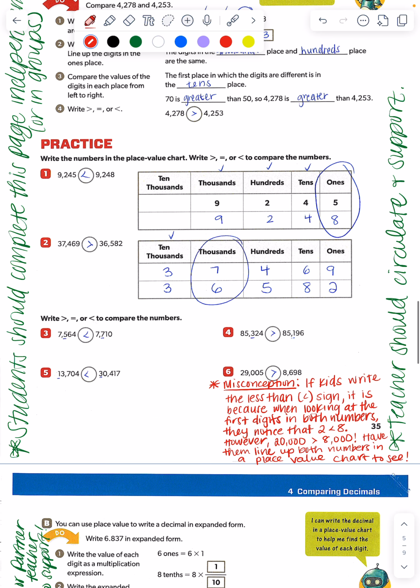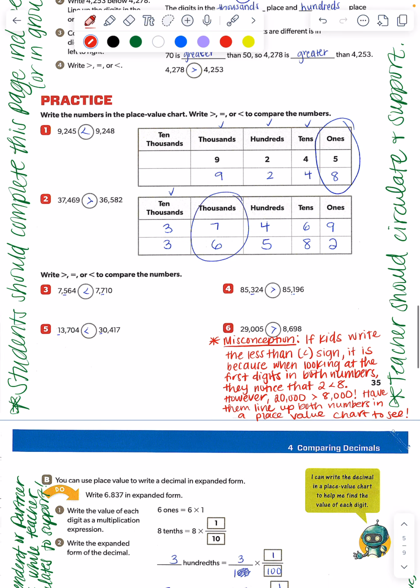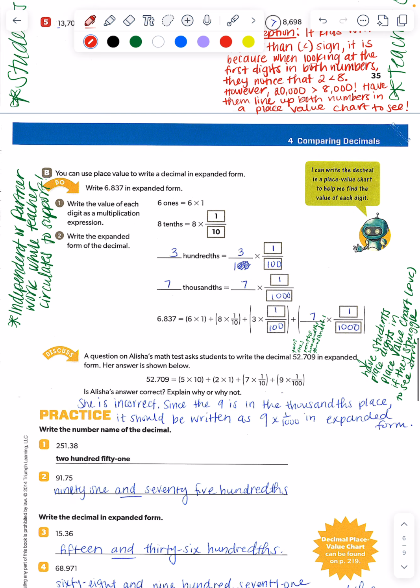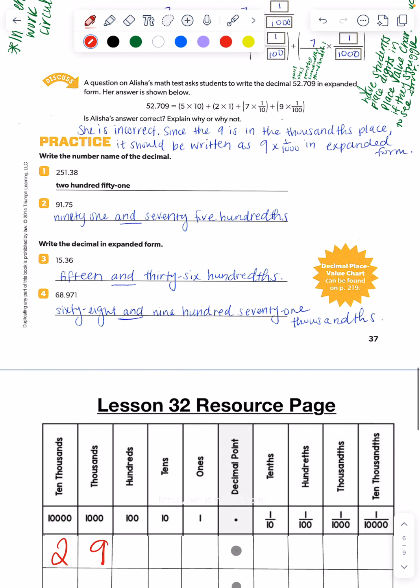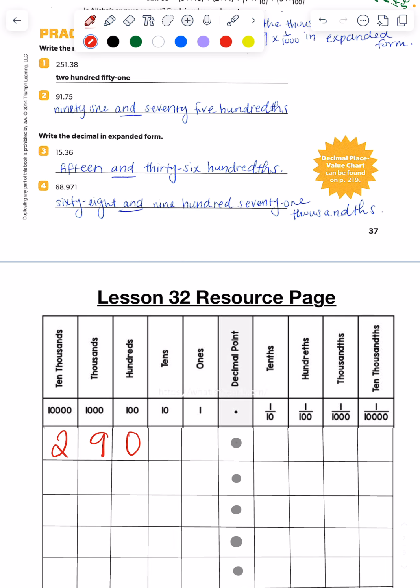So the number was, where was the question? 29,005 and 8,698.